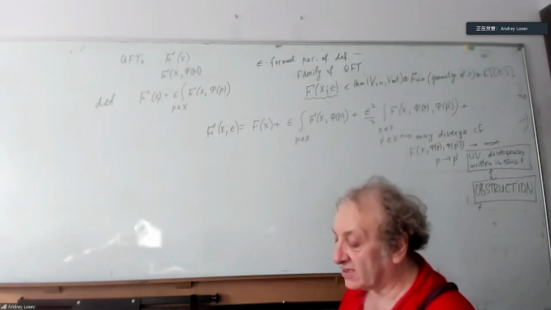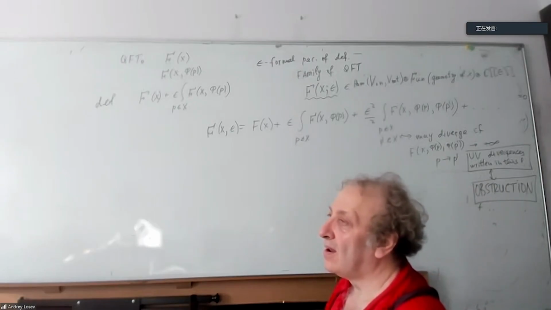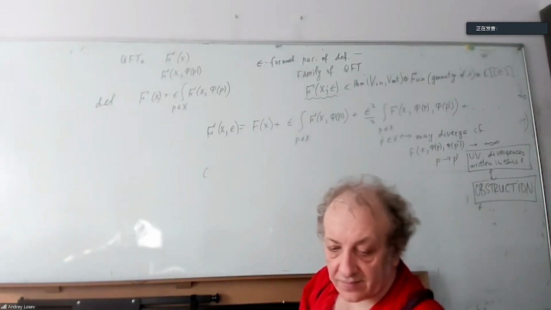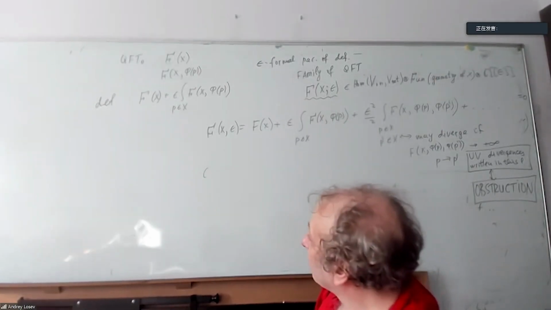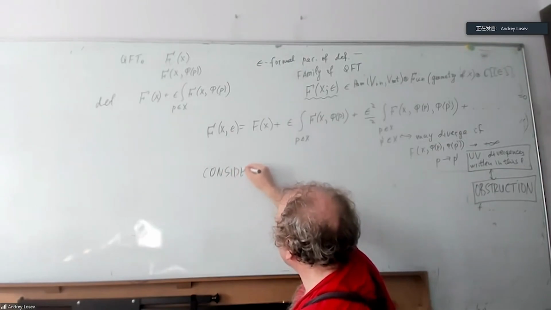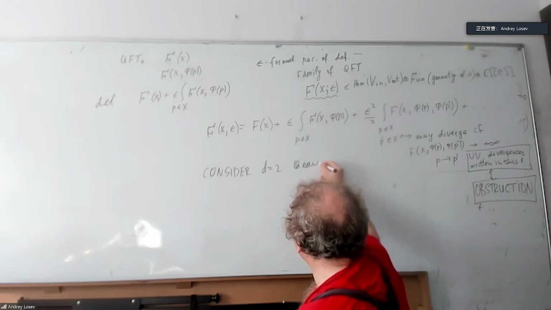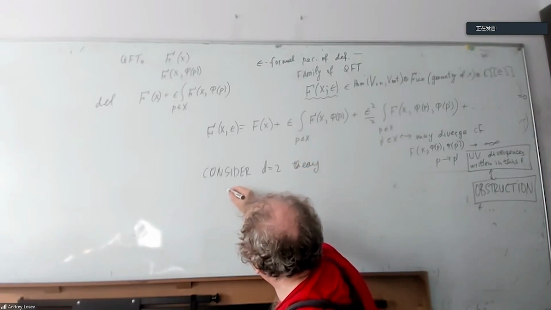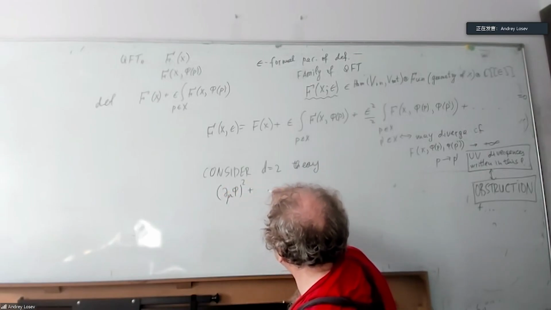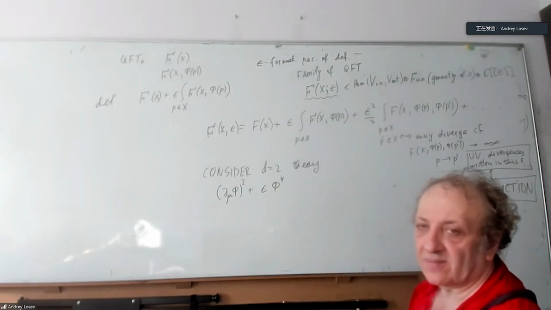But I need some model. Consider D equals 2 theory, (d mu phi) squared plus epsilon phi to the power 4.